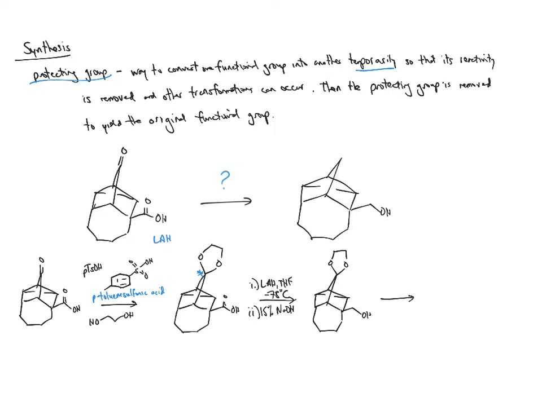In order to remove the acetal, we need to have an acid catalyst, so let's say HCl. And now we need water as the nucleophile, because the oxygen atom of the water is going to eventually become our carbonyl oxygen again. And so we're going to have this as our product.